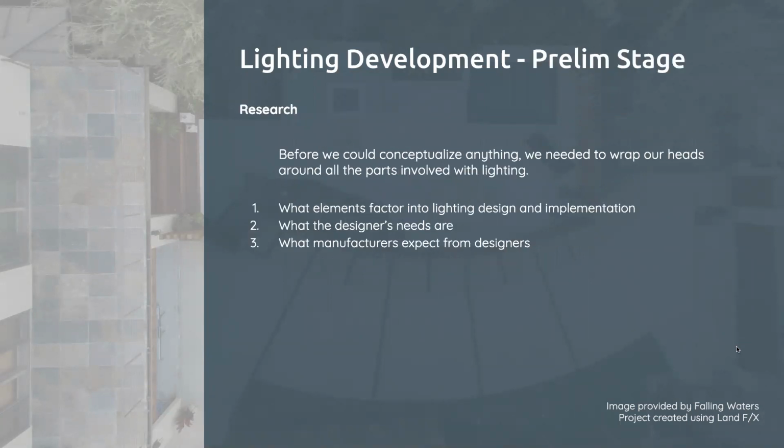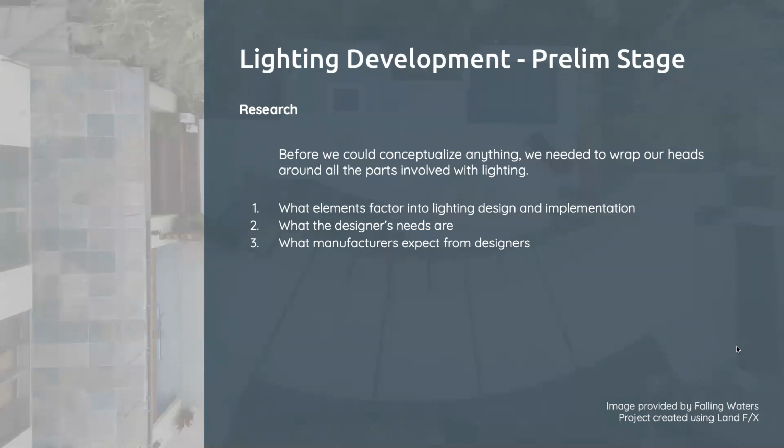In the very early stages of lighting development, we needed to wrap our heads around all the components that go into lighting. Before we could even start mocking things up, we needed to know what we were going after. So we needed to look into what elements factor into lighting design and implementation.